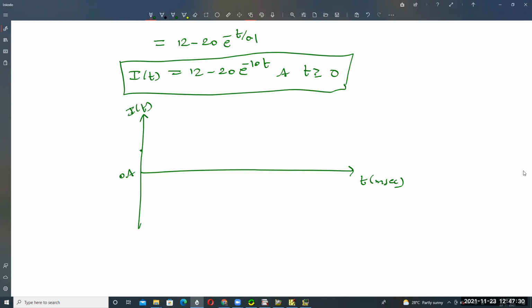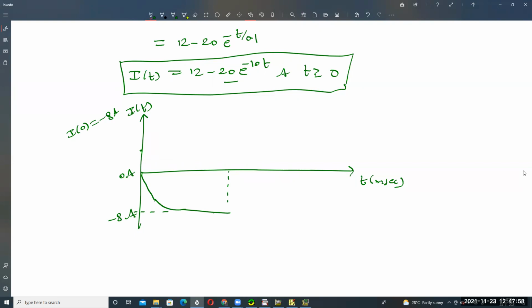Initially, I of 0 is nothing but minus 8 amps. So at the start, the inductor stores energy up to minus 8 amps. After the switching action, you get this type of response.